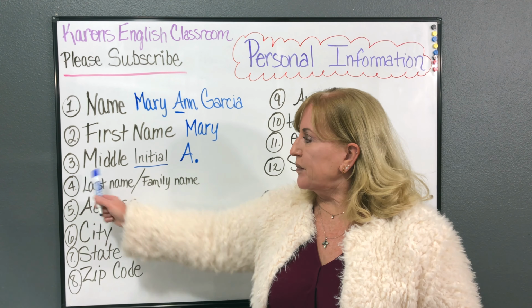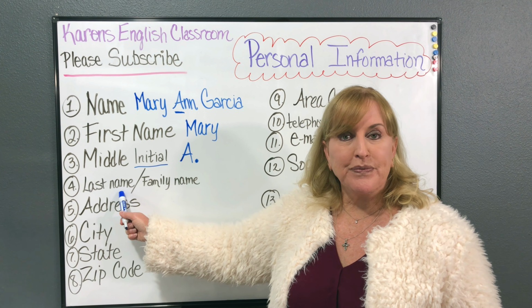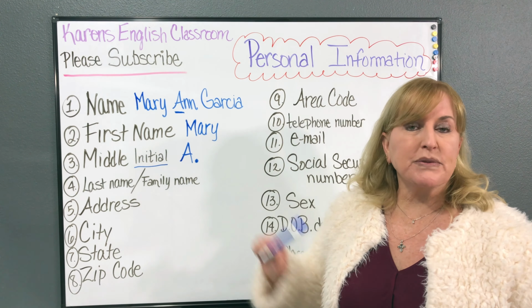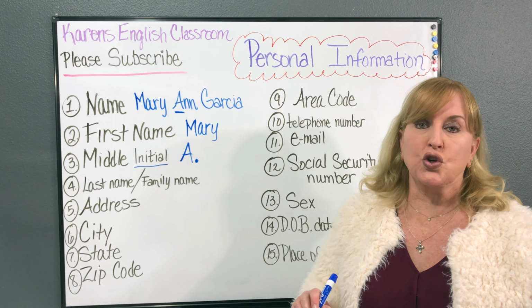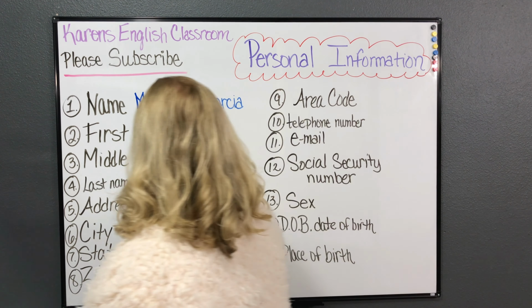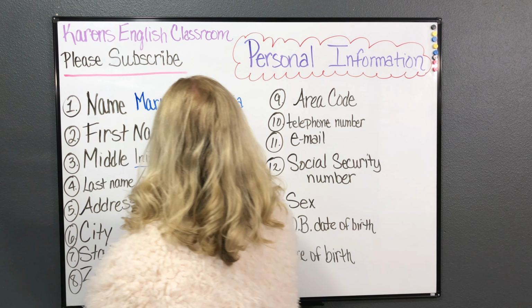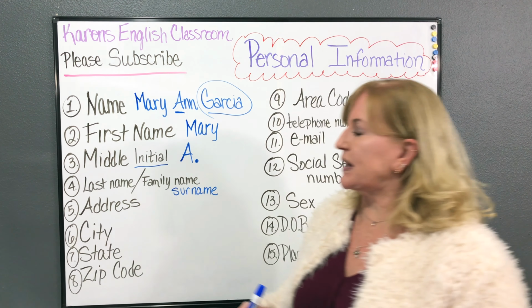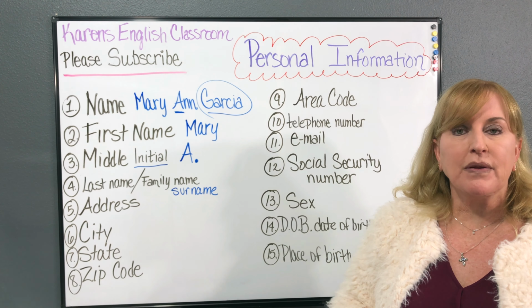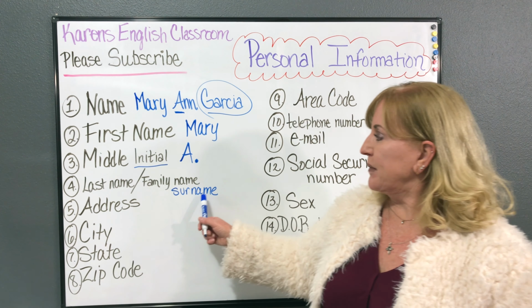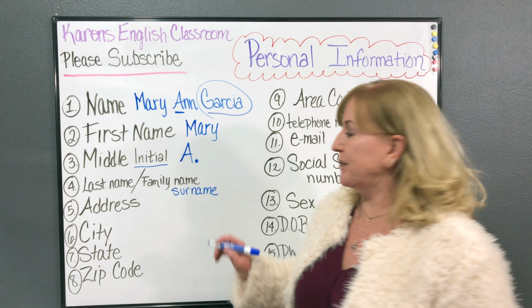Okay, number 4, last name, or some people say family name or surname. Sometimes people will say this, surname. And that is Garcia. That's my last name, that is my surname, and that's my family name.